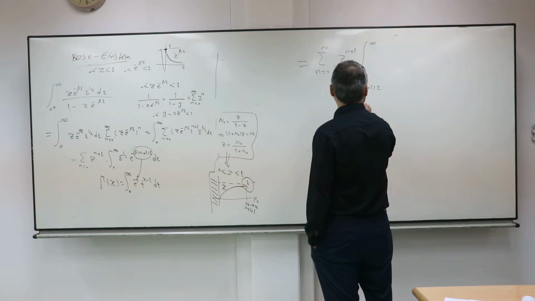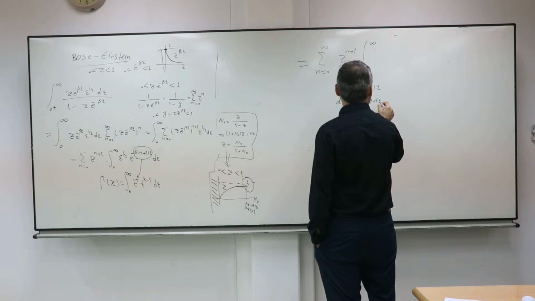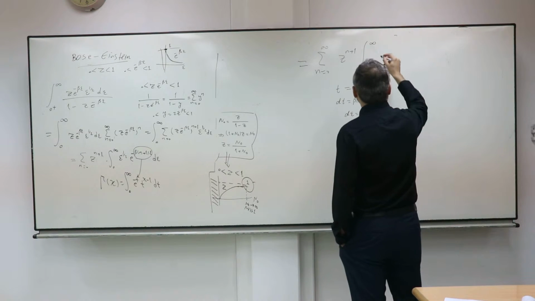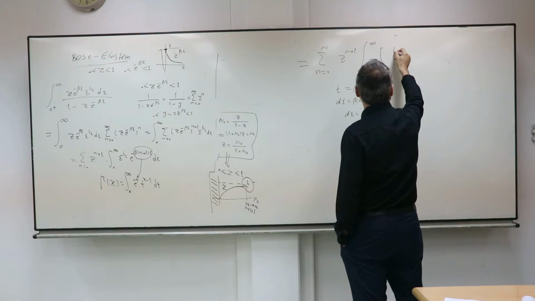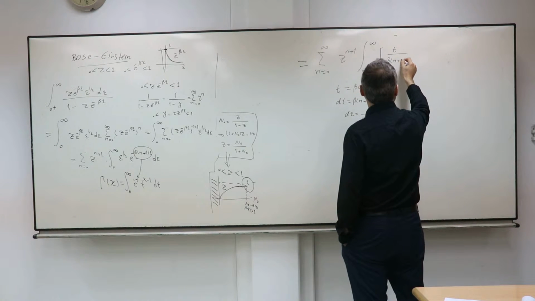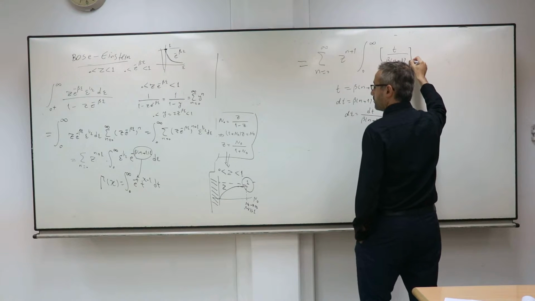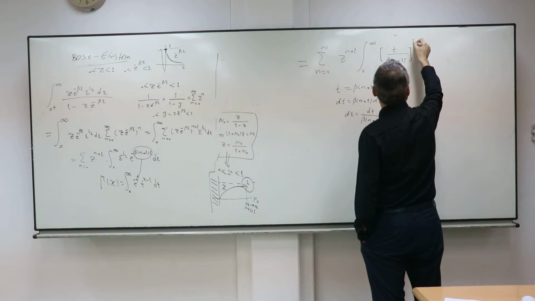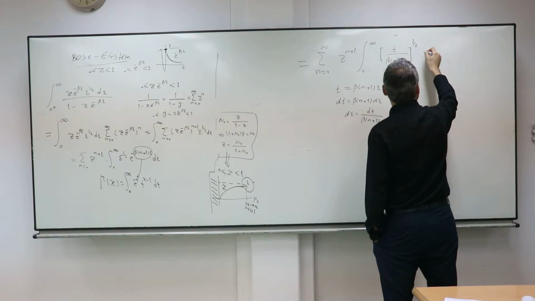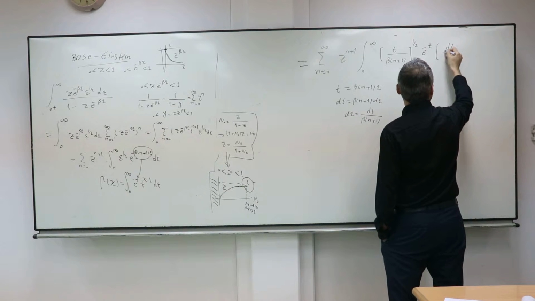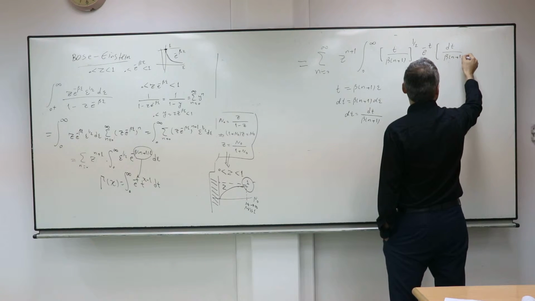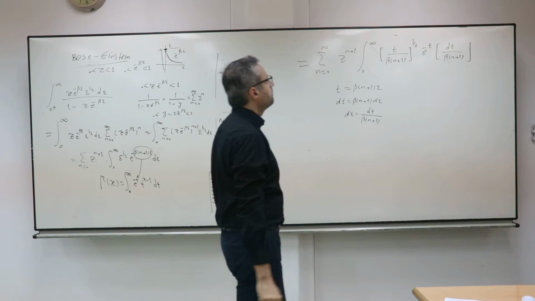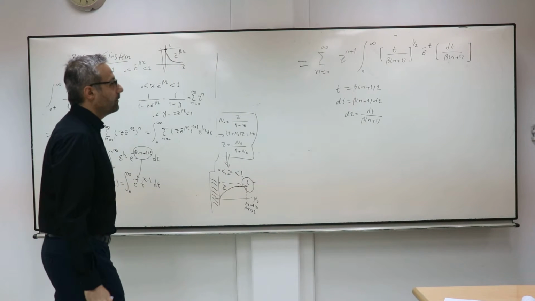So dt will be beta n plus 1 de, so de will be dt over beta n plus 1. I just replace the parameter.